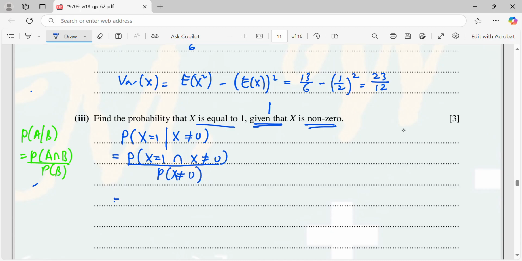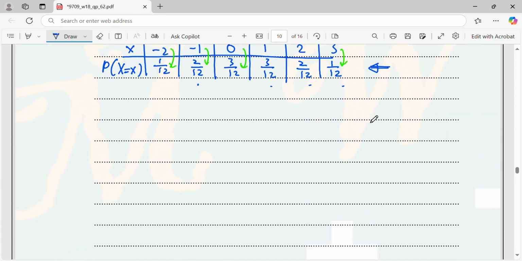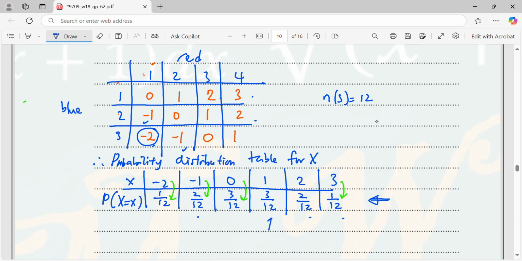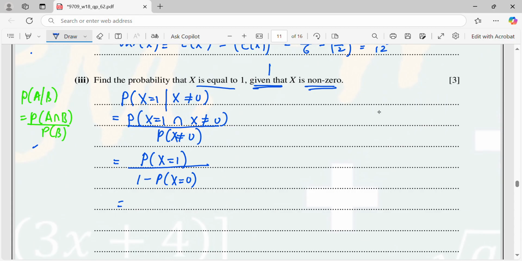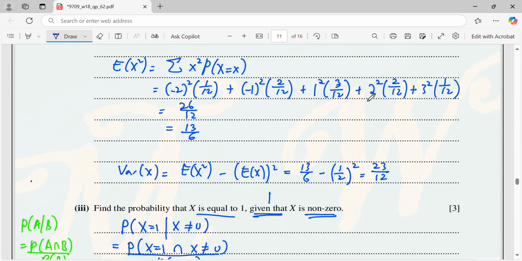Okay, so now X equals 1 and intersect with X not equal to 0, basically this is P(X equals 1). That is the intersection. As long as X is not 0. That means I will just use 1 minus P(X equals 0). This is easier to calculate. So then from here, P(X equals 1), go back to the table. That is going to be 3 over 12. So here, I will write 3 over 12 divided by 1 minus P(X equals 0).